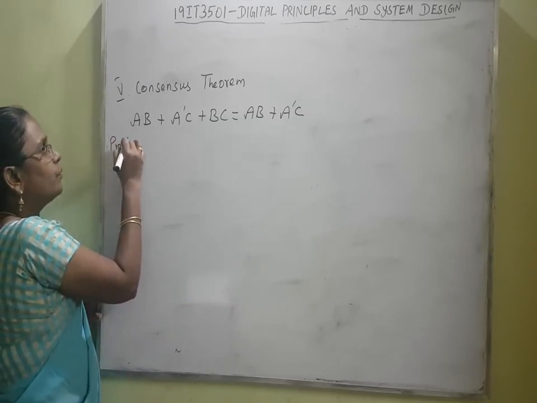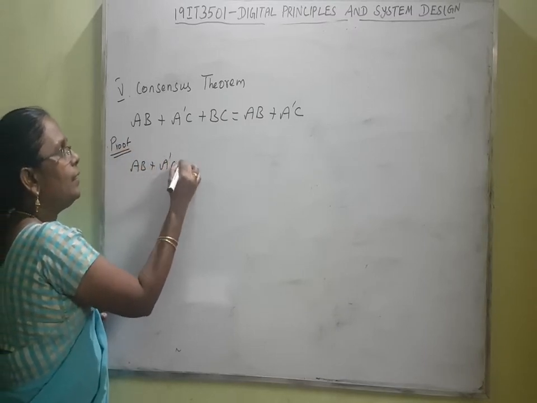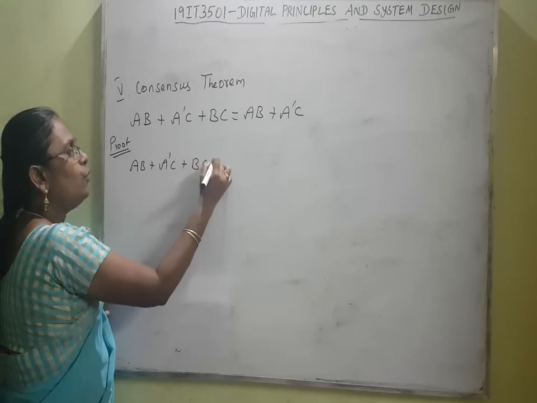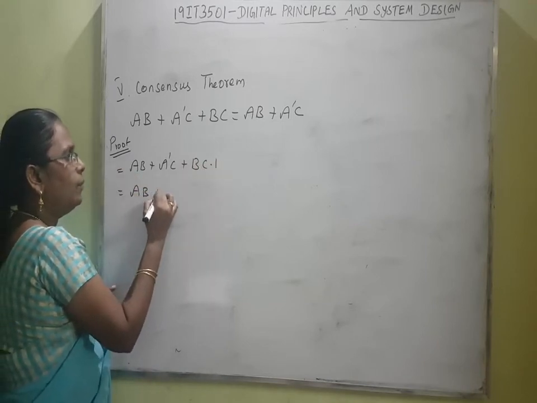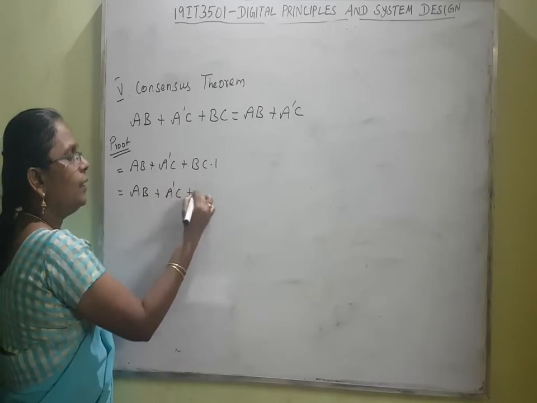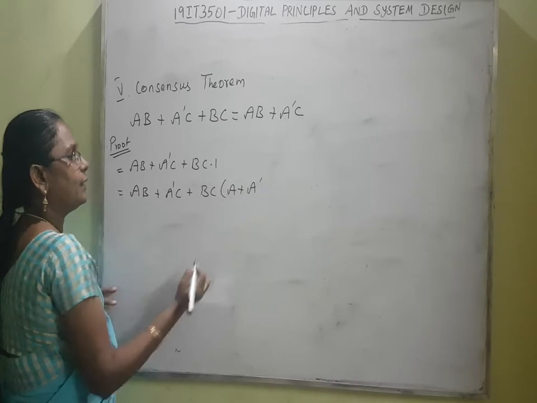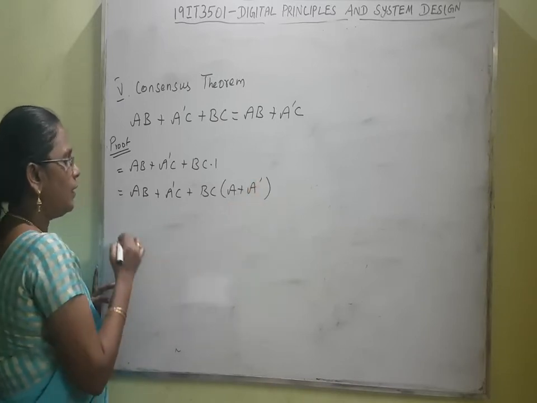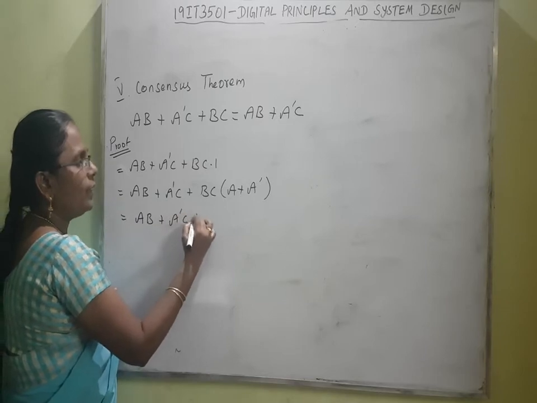Proof: you have AB plus A bar C plus BC into 1, which is equal to AB plus A bar C plus BC into A plus A dash.